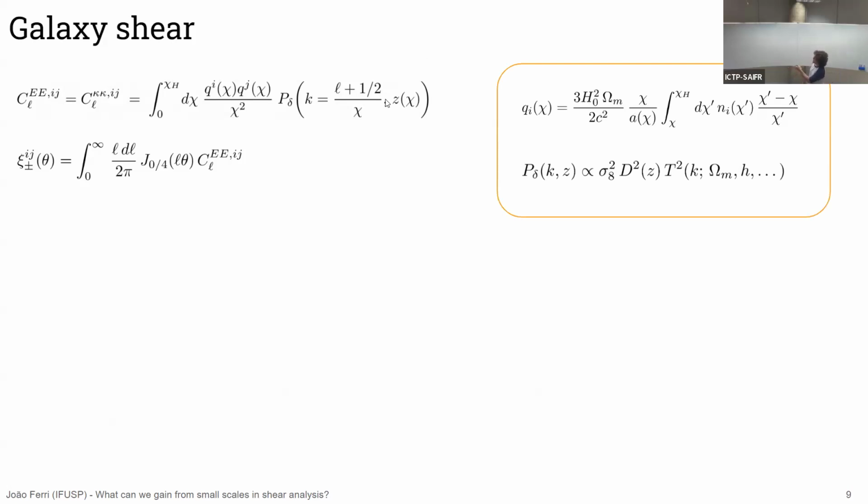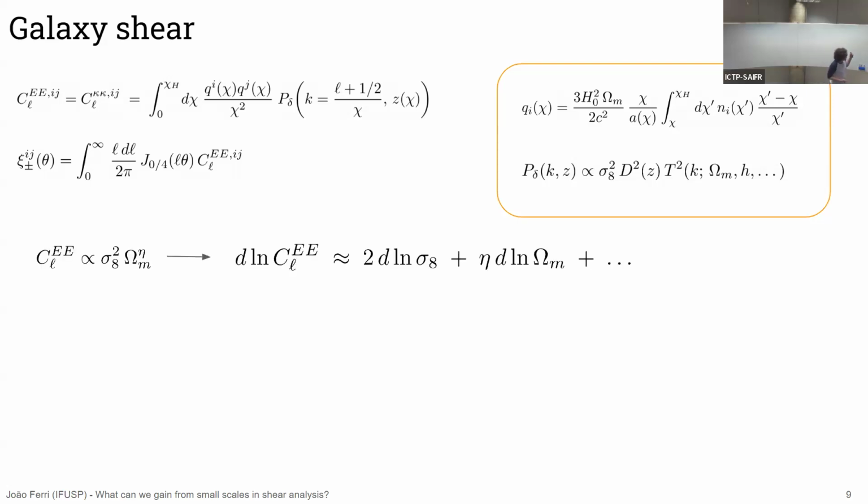And if you look into the power spectrum part, it's at linear order dependent on an amplitude, which we can parameterize by sigma 8. So we can think that at leading order, the CL is proportional to sigma 8 squared times omega matter elevated to some exponent.